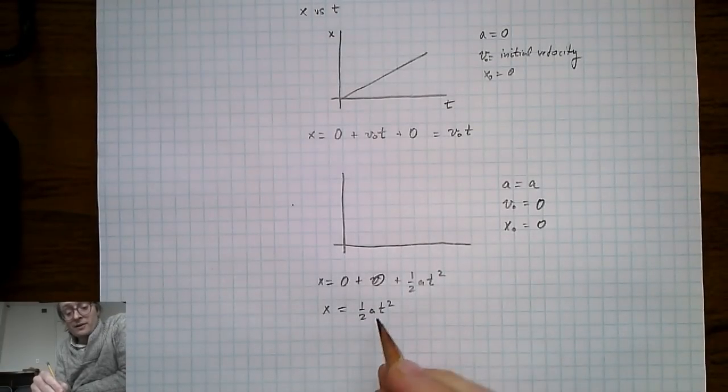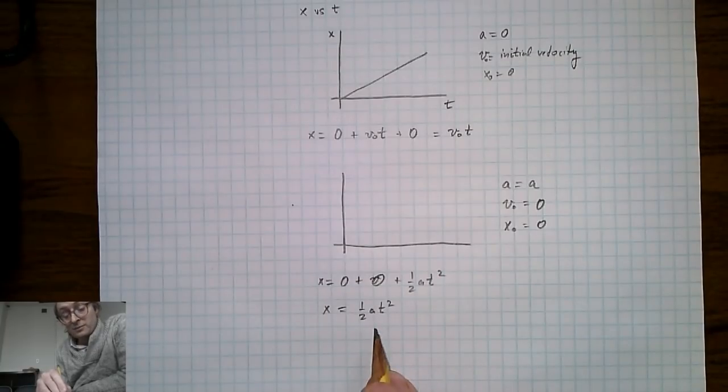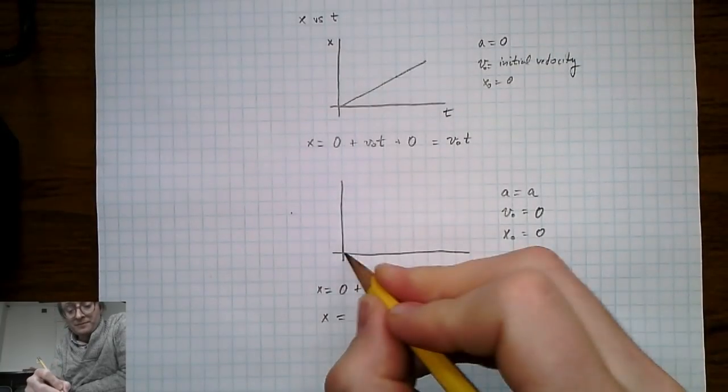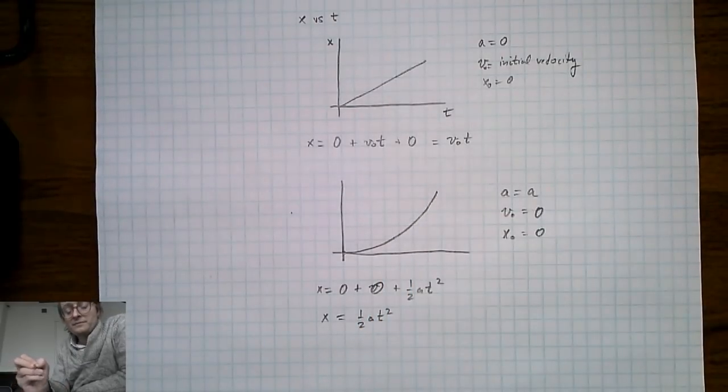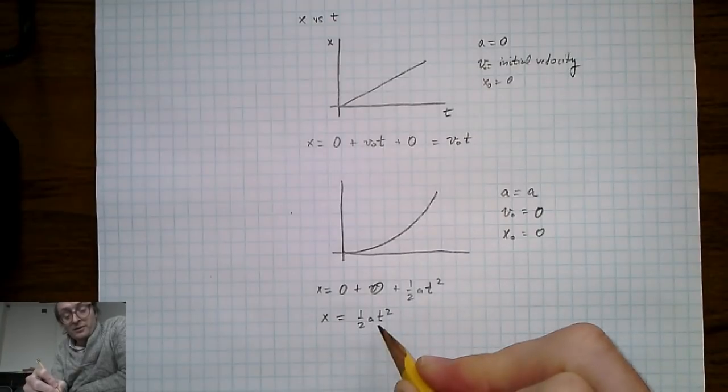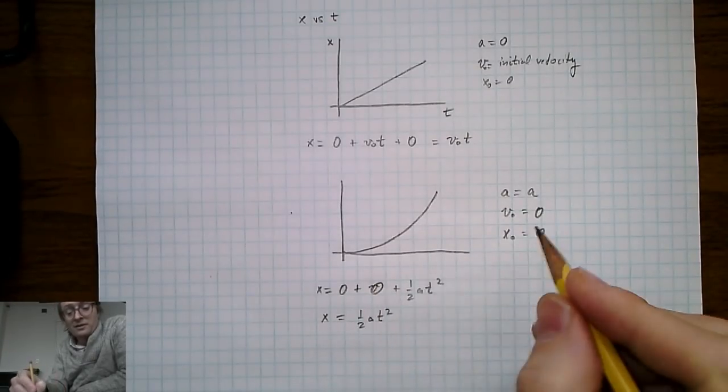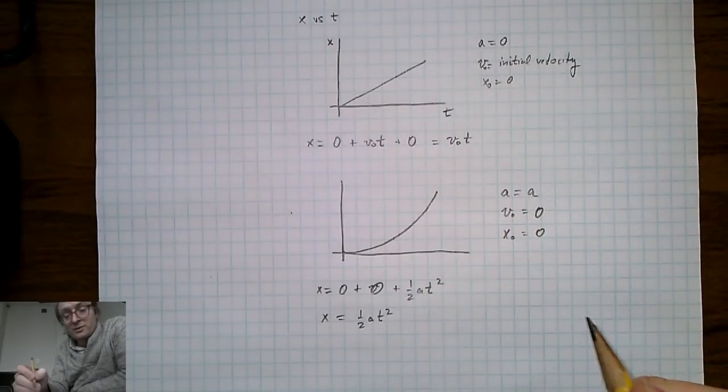And now that, if I tried to plot that, that would look just like a simple parabola opening upward, right? Something kind of like this. And so there we have a motion graph for an object experiencing a constant positive acceleration given an initial velocity of 0 and initial position also of 0.